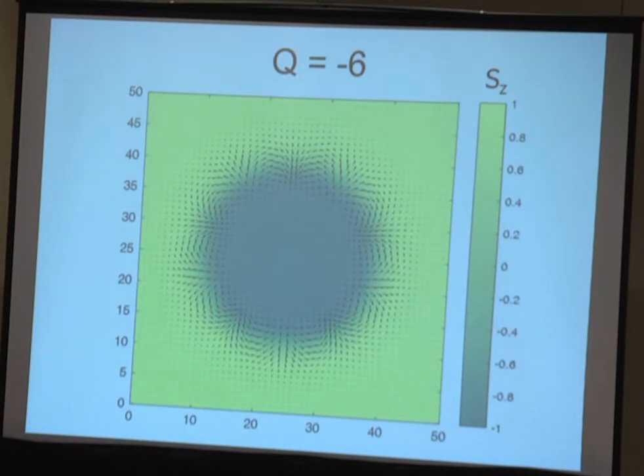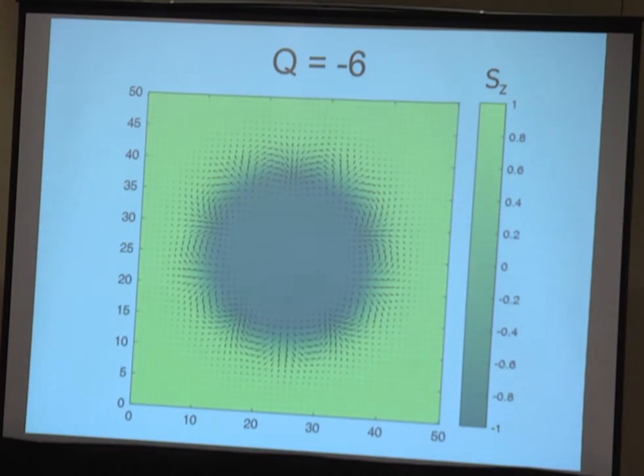So that is actually zero field Skyrmion defects with topological charge -6. The color here is the Z component. So it's -1 inside this droplet, and it's +1 outside. And all topology is actually concentrated along the boundary.